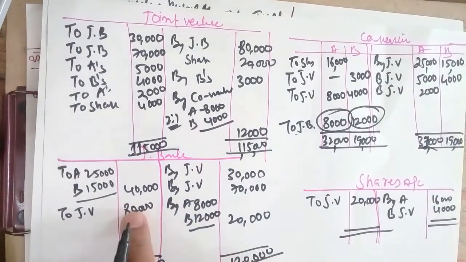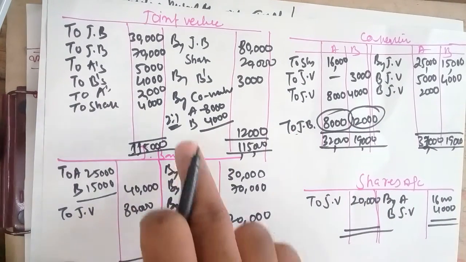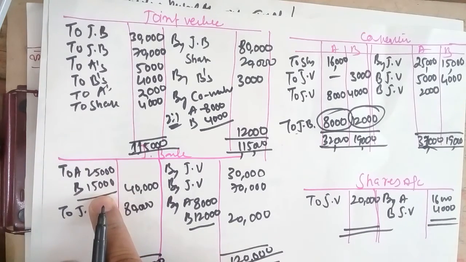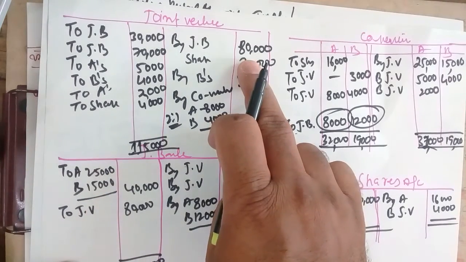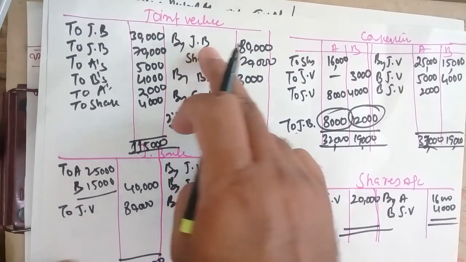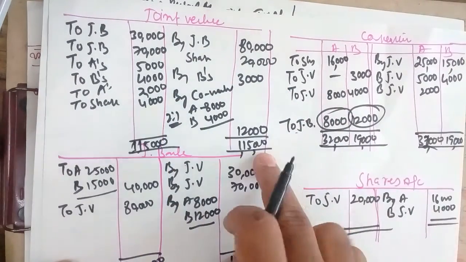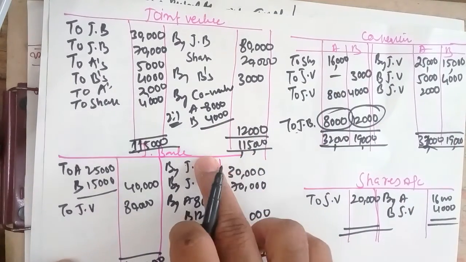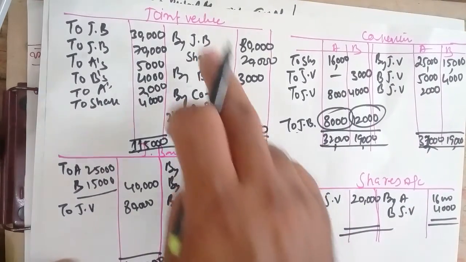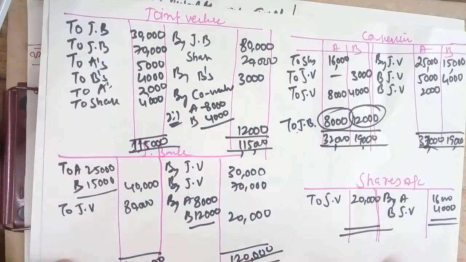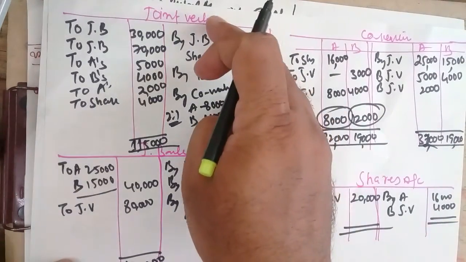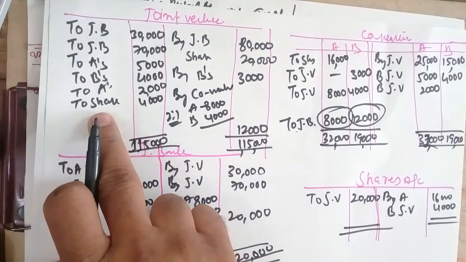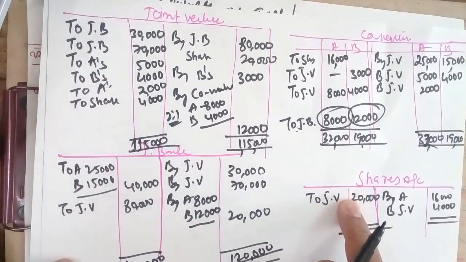Then the contribution of amount, joint bank account debit to A's account, B's account, whatever they are contributing. Then sale, that is joint bank account debit, shares account debit to joint venture. Then B's account debit to joint venture. Then loss entry, A's account debit, B's account debit to joint venture. Then taking over of shares, the entry would be A's account debit, joint venture account debit to shares.